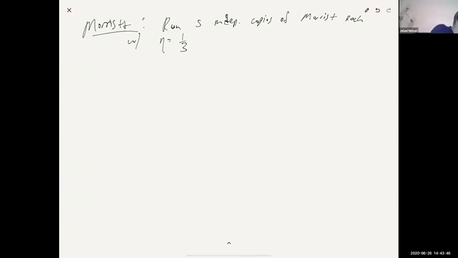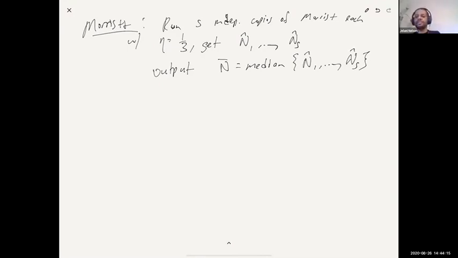And now I get n hat 1 through n hat s. Each of these n hats is an output of one of the Morris plus copies. And then what I'll actually output as my estimate, let's call this n line, is the median of all these numbers. So overall, our final output is the median of a bunch of means.